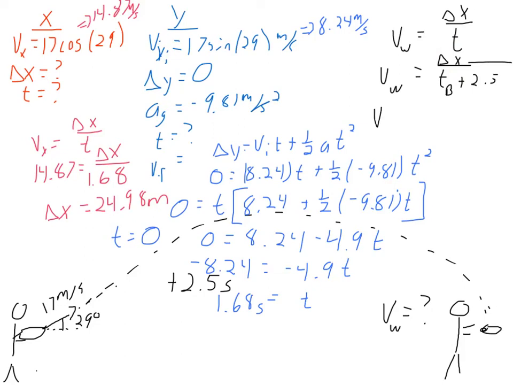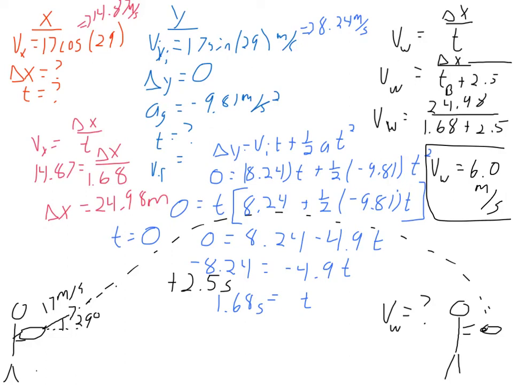So the velocity the wide receiver is going to have to run at: he's going to have to cover 24.98 meters in a total of 1.68 seconds plus 2.5. That's just simple calculator work. You come out with about 5.97, with 2 sig figs that has to become 6.0 meters per second. That is how fast the wide receiver has to run.